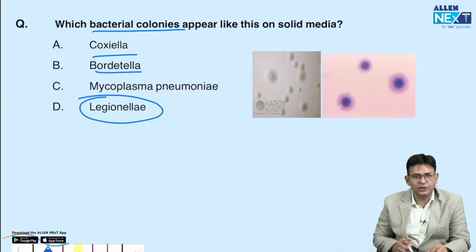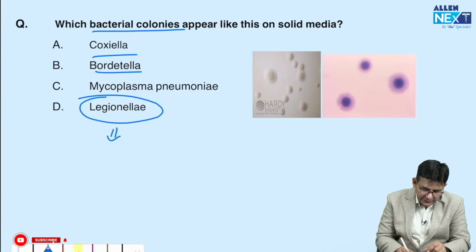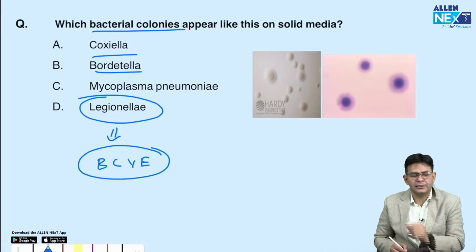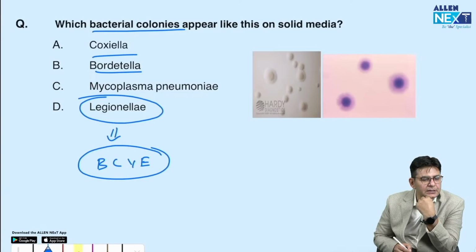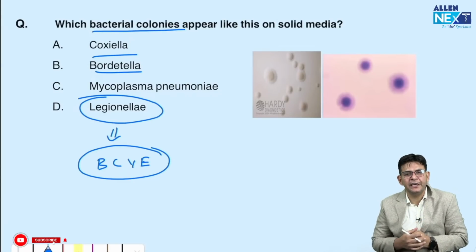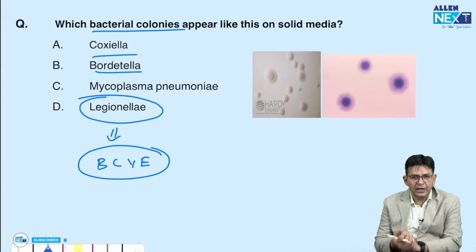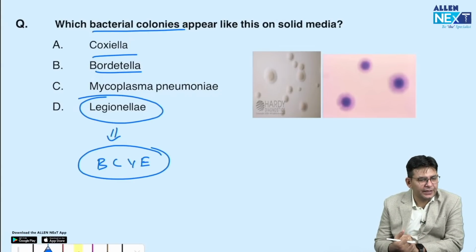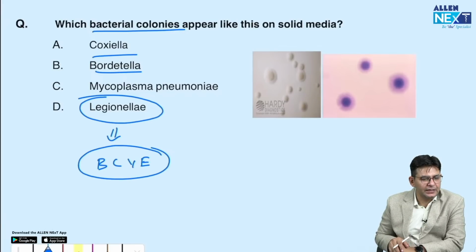This is also important: Legionella. Guys, can anybody tell me what is the culture media for this? The culture media for this is BCYE. What is the full form of BCYE? Buffered charcoal yeast extract.